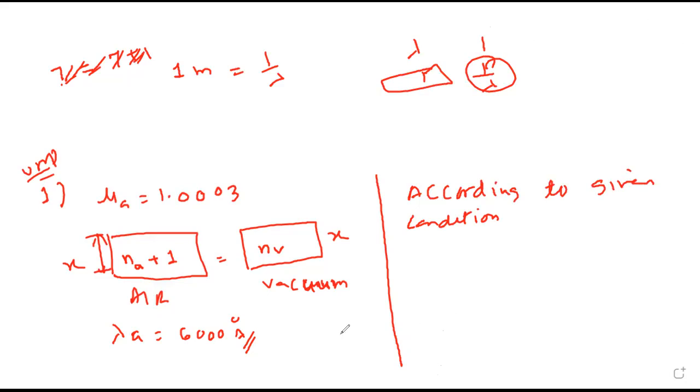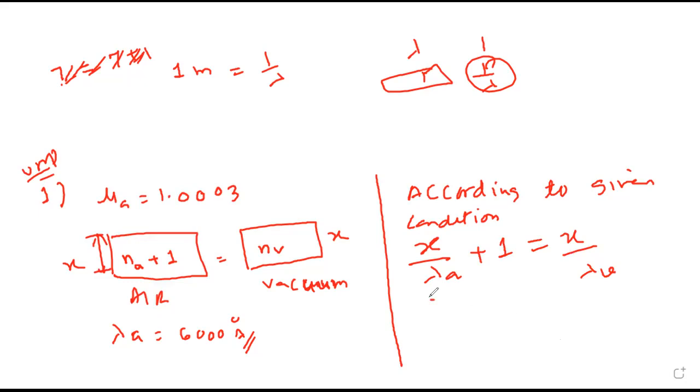So if it is x meter, then number of wave will be x upon lambda. This condition followed.